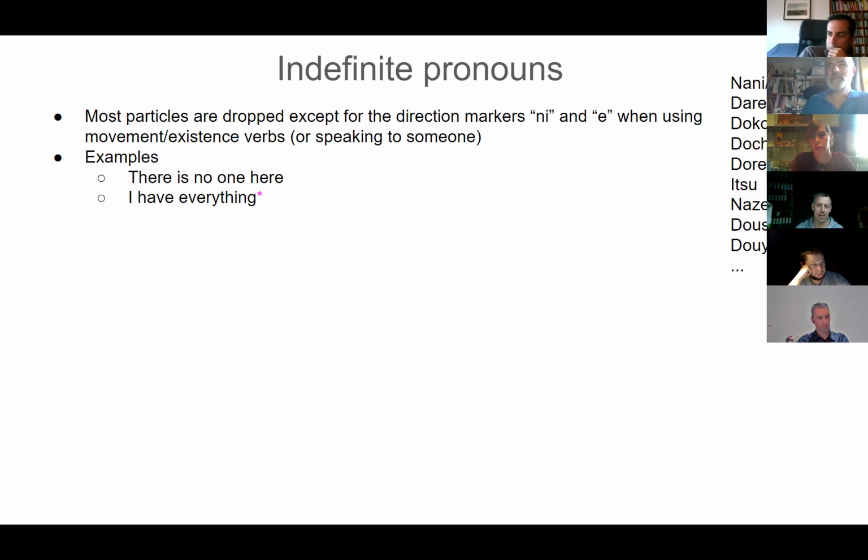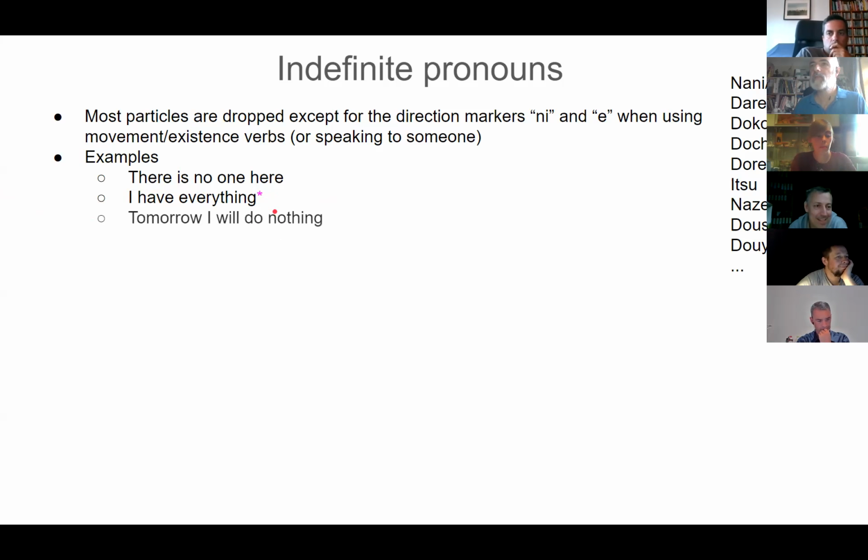So you're not imasu, you're on the right line. Not imasu because that's for something that's alive, but あります, arimasu. So you can say zenbu arimasu. Or Kim, you've got your hand up. So I'm wondering if you're going to say 何もあります, nani mo arimasu. Now there's a little pink star on here, which we'll look at in a second, because actually this is an exceptional one, but we'll come to it in a bit.